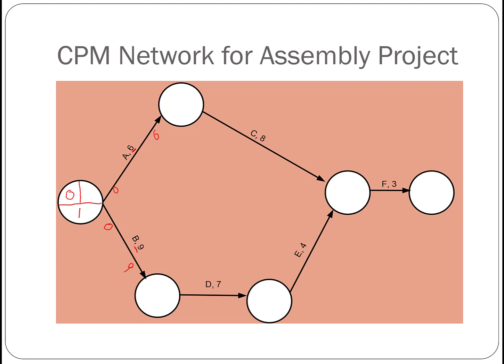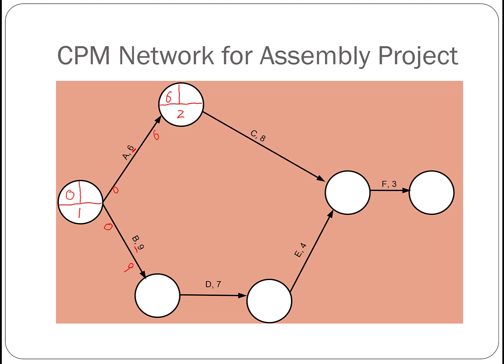And we'll continue here, okay? So this node 2. Since there's only one activity, which is A, going to node 2, node 2 represents the completion of activity A. So activity A can be completed by day 6. So that's the early time of this event, which is A being completed.